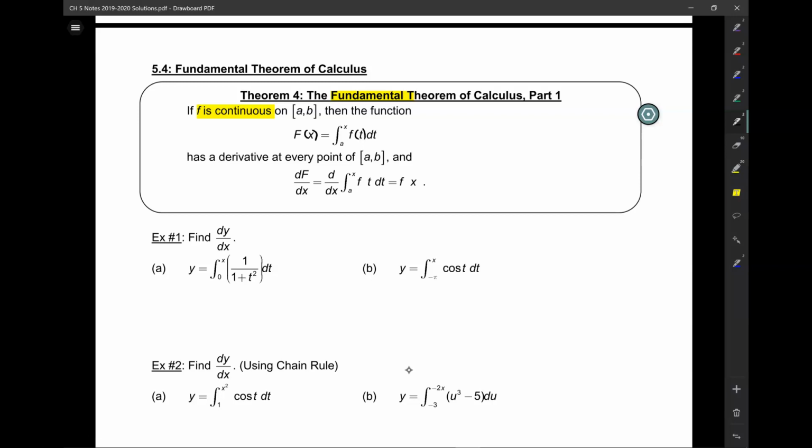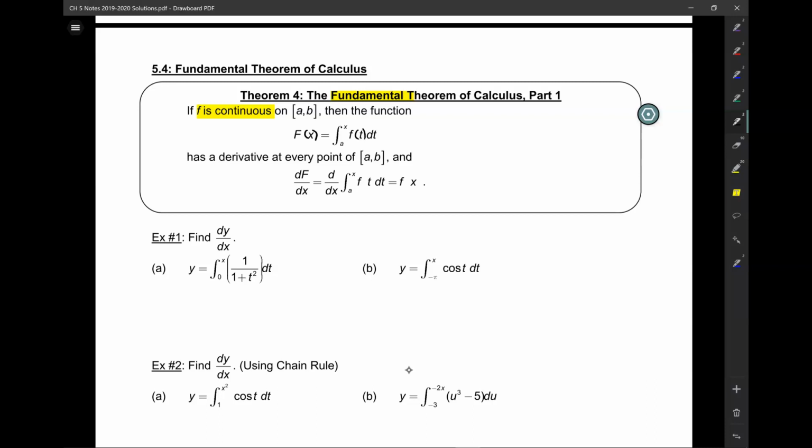So this is the antiderivative, capital F, which means if I consider just that function capital F, that function has a derivative at every point on the interval a to b, right? That's where it came from. It's the antiderivative of something, so it has a derivative at every point.